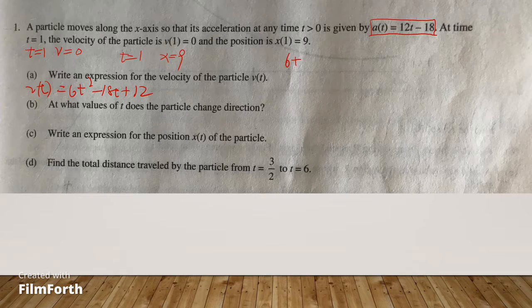So 6t squared minus 18t plus 12 equals 0, and t squared minus 3t plus 2 equals 0. Factor. So one time is 1, another time is 2. So the answer of question B: one is 1, another is 2.